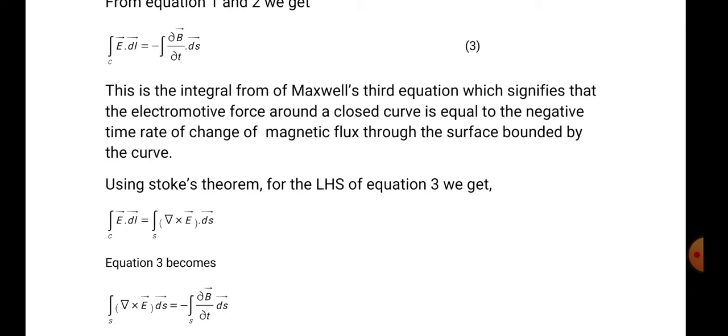So equation 3 becomes: the line integration along a closed circuit of E bar dot dl bar is equal to minus del B by del t dot ds bar.